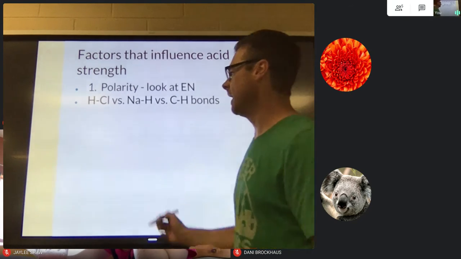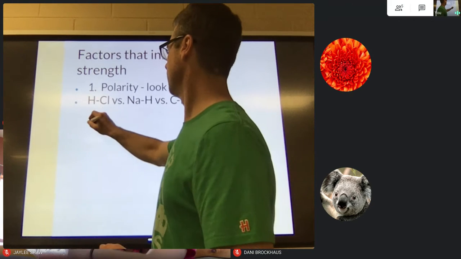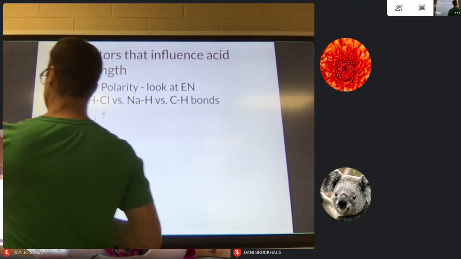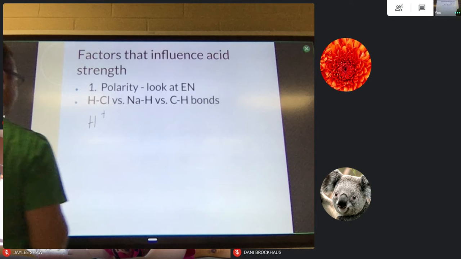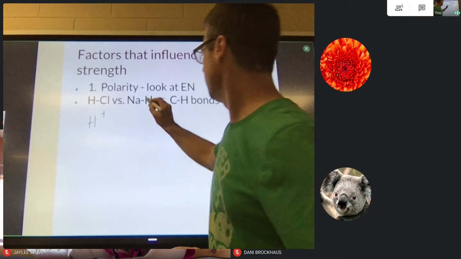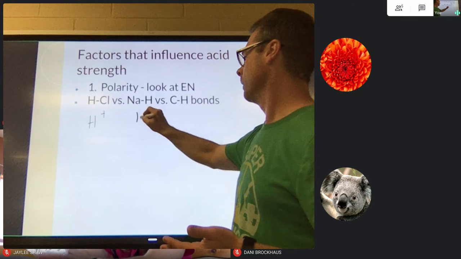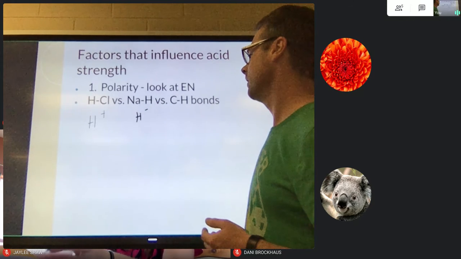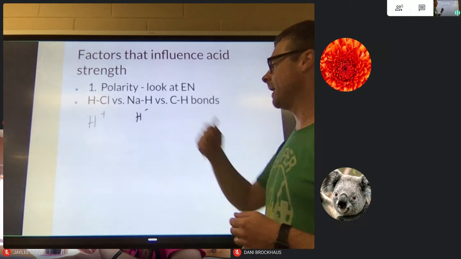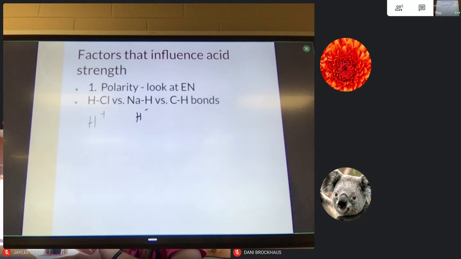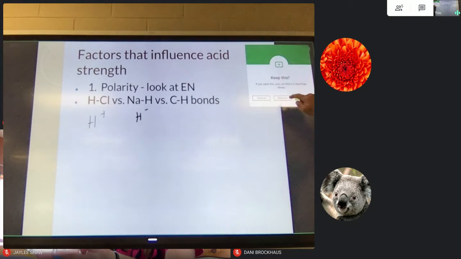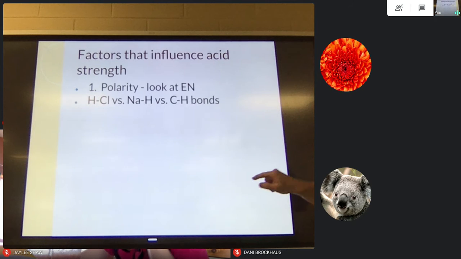So this one would produce the H+, right? Since sodium has a very low electronegativity, it's okay with hydrogen stealing that electron, and that actually is a base, something we might tackle down the road. And this one right in between doesn't really do anything. They just share, and it's a non-polar bond.